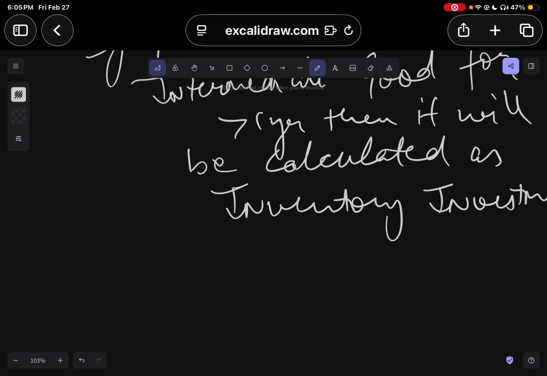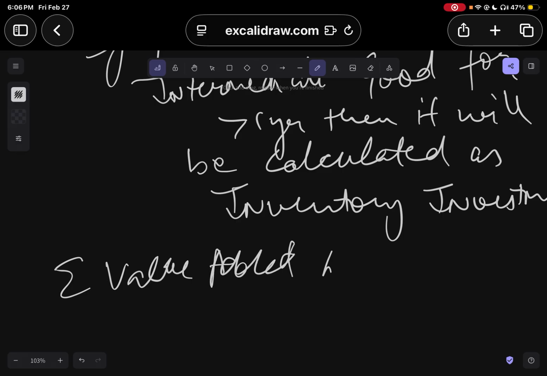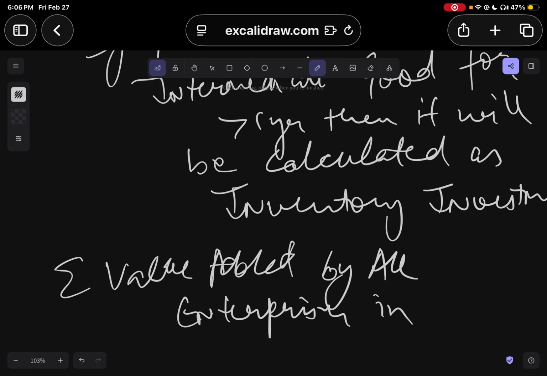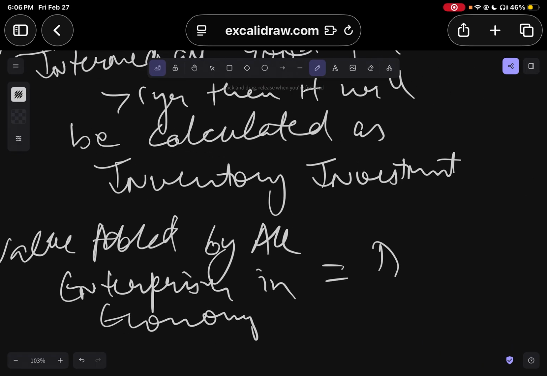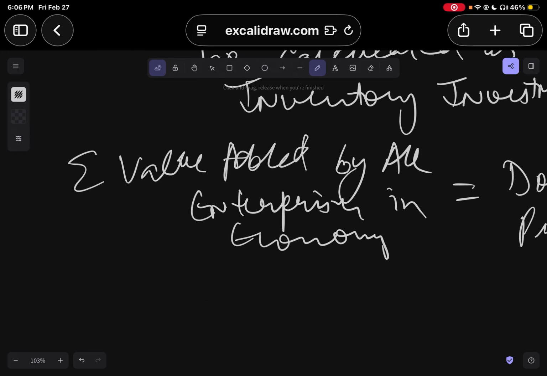So first is we can do summation of value added by all enterprises in an economy, which will be equal to domestic product. Value of output minus intermediate goods is value added.